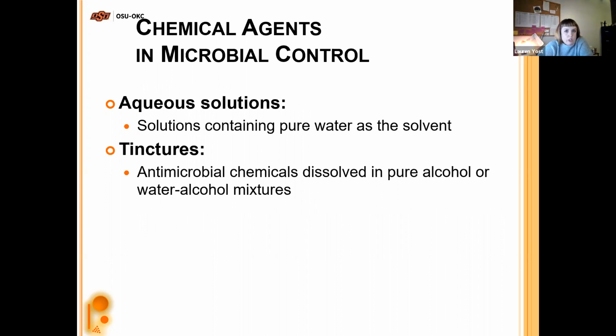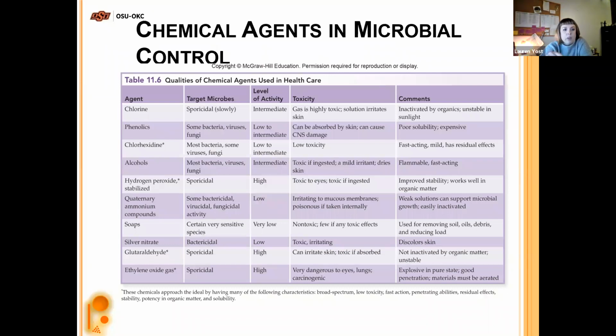We have aqueous solutions that are based in water, and tinctures, a term you should be familiar with, that are mixed in alcohol or an alcohol-water mixture. Here are some examples of typically used agents, like chlorine-based ones such as bleach, or alcohols. You can look over how they work, how toxic they are to people, special comments, how active and successful they are at killing things, and what microbes they target.